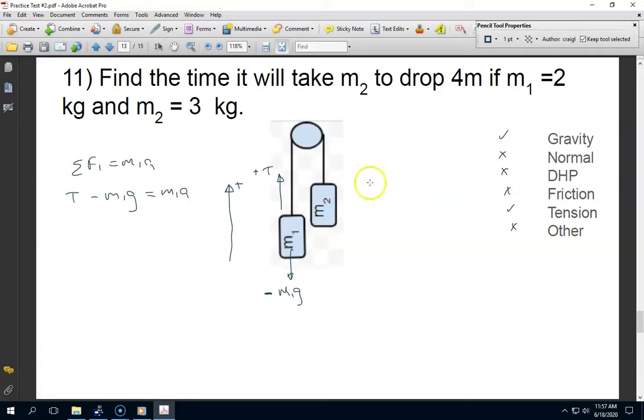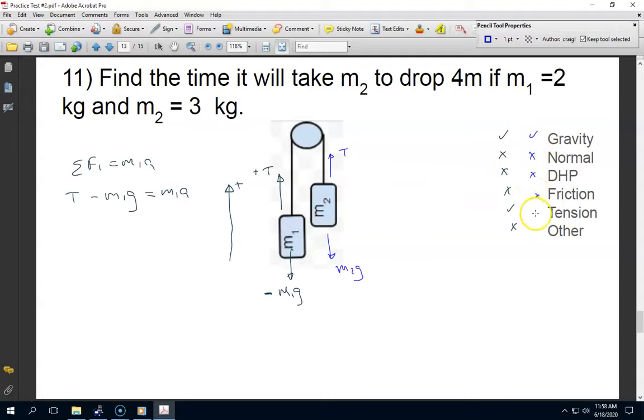All right, over here, run the forces on this guy. Okay, does gravity play a part? Absolutely. That would be m2g, and then right here's T. It doesn't touch the table, so there's no normal force, there's no slope.